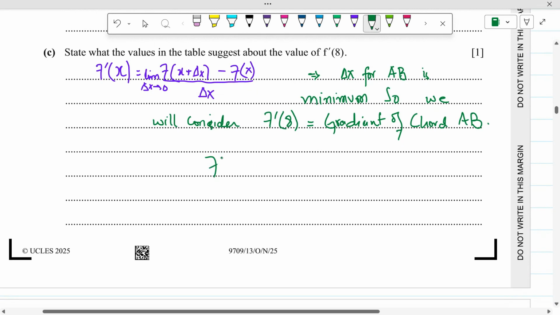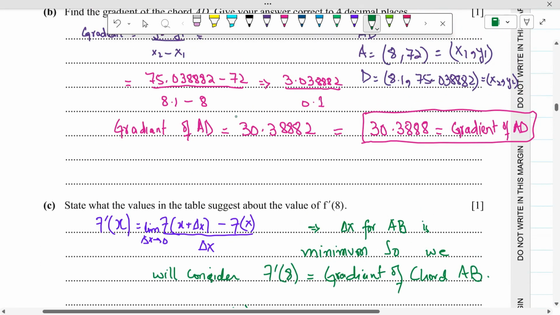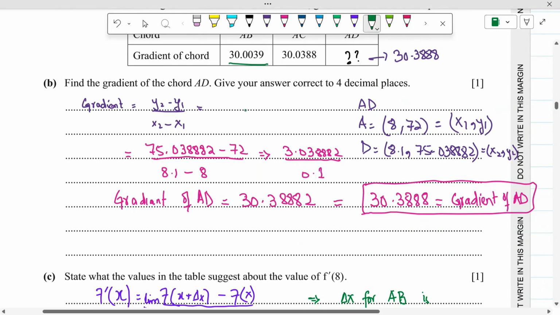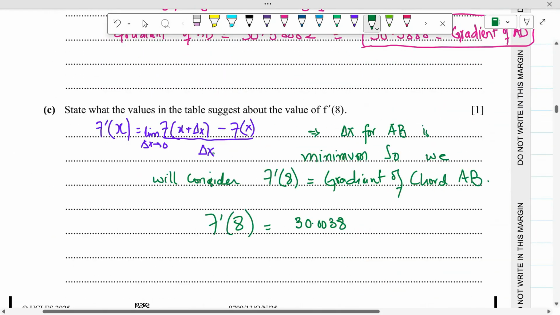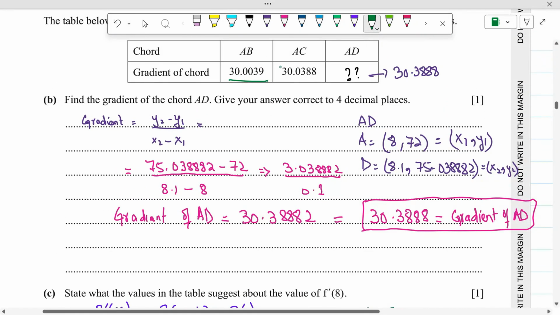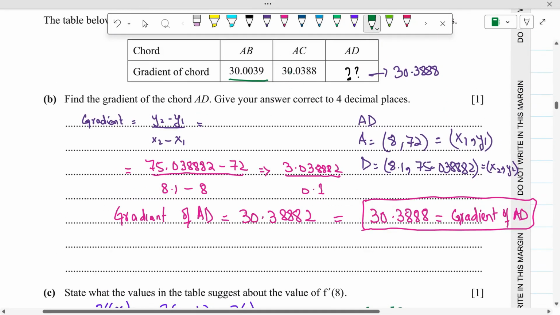So we can say that f dash of 8 equals 30.0038. And one thing you should know is that the gradient of AC and the gradient of AD can also be considered, but they will be less accurate.